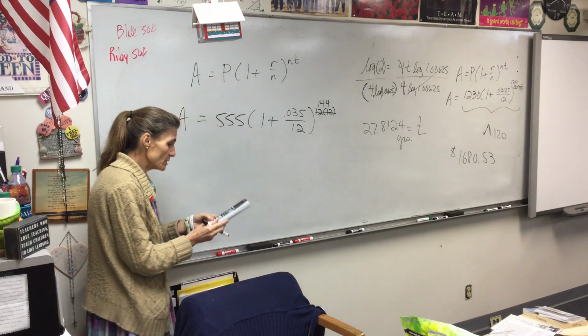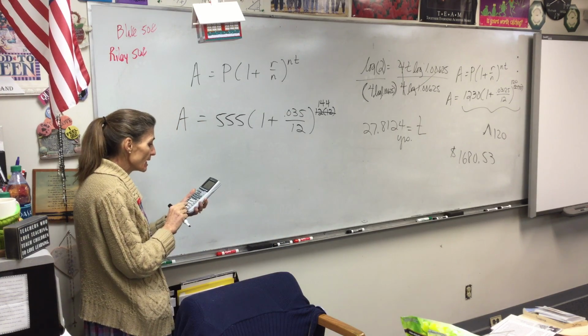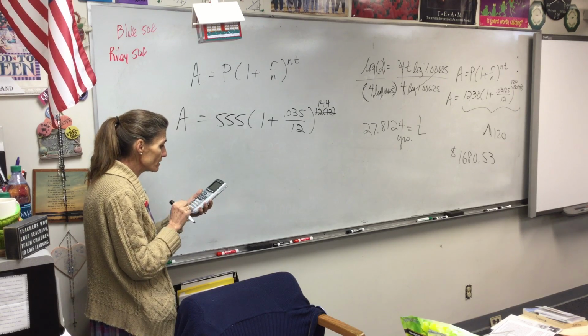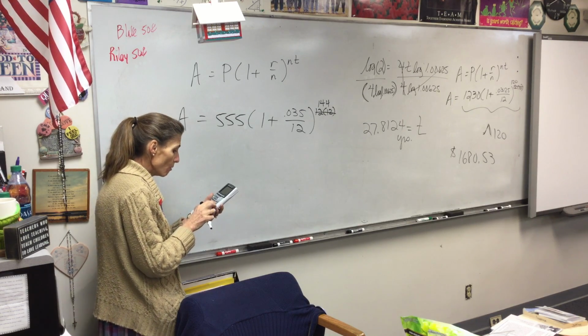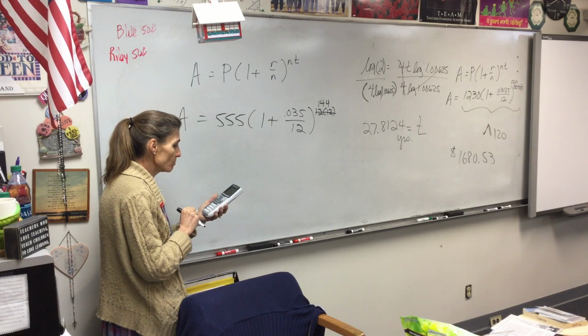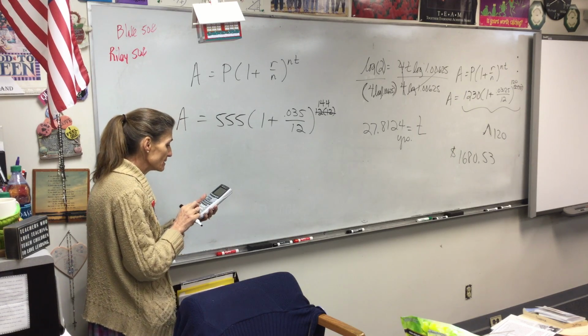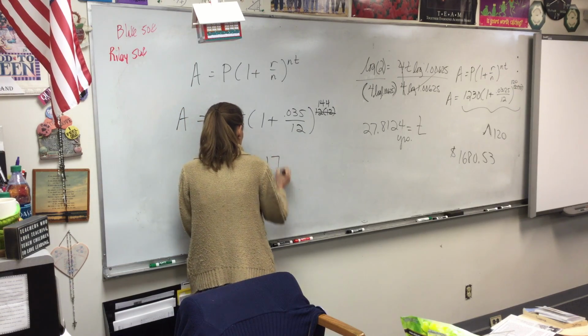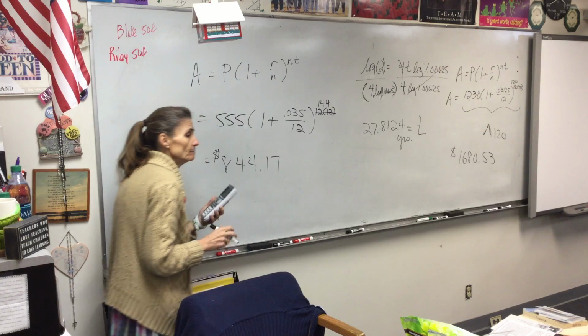Now this is like the one we just finished. So I'll type 1 plus 0.035 divided by 12 equals. I'll raise that to the 144th power and times it by 555. How many got 844.17?